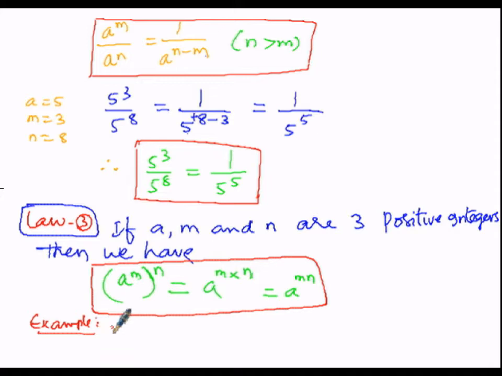Simplify (5 to the power of 2) whole raised to the power of 3. Now, the solution starts.